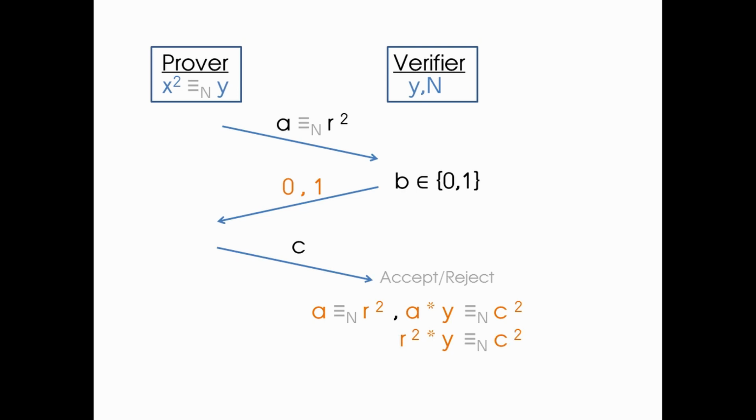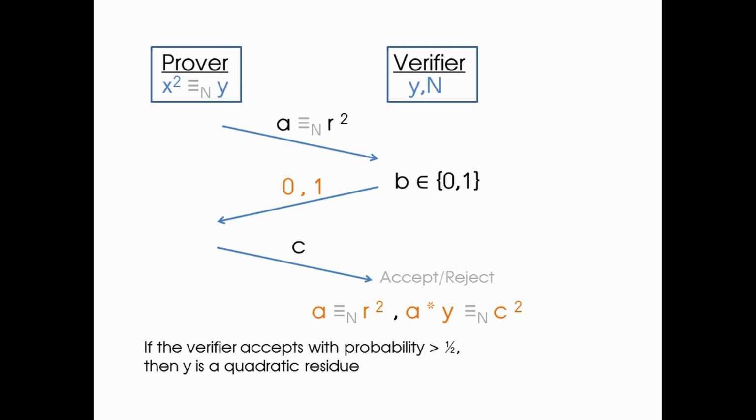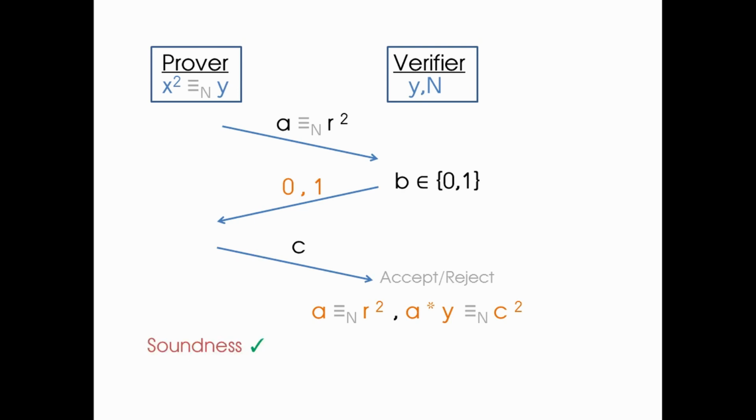Then that means that c divided by r, when squared, equals y. And this means that y has a square root modulo n, which is impossible because we just said that y does not have a square root modulo n. We said that the prover is trying to cheat the verifier. So what we're getting here is that the prover cannot cheat the verifier with probability more than 1/2.